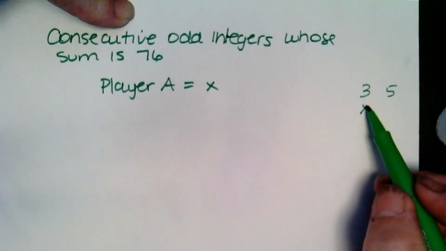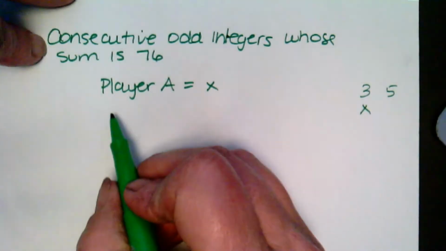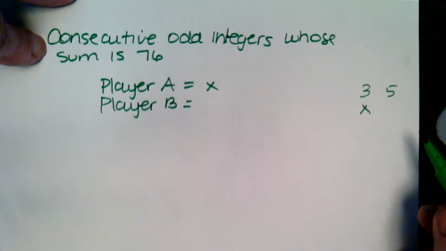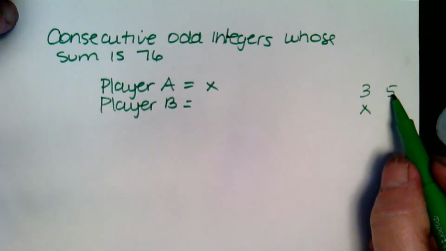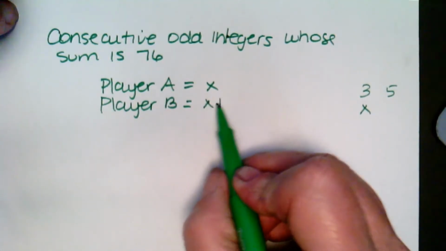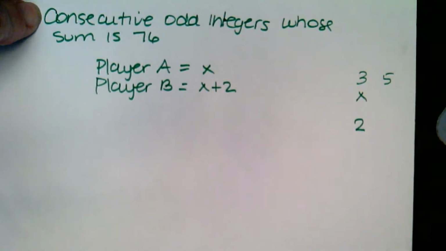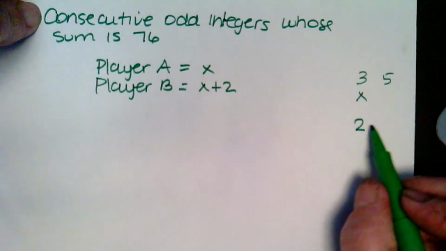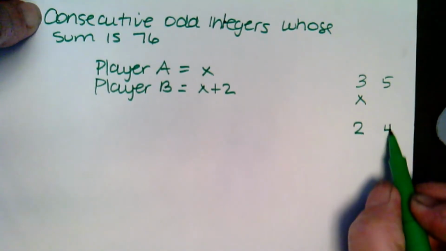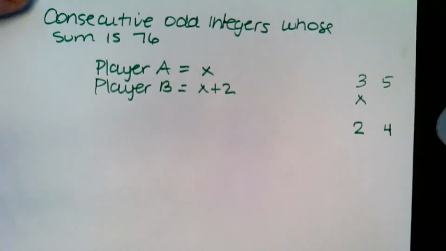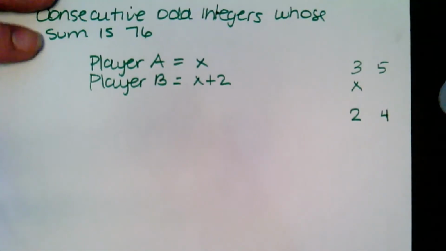So we're going to call player A's x, but player B's is going to be the next consecutive odd integer, so we're just going to add 2 to it. Now if it was even numbers, let's say player A had 2 home runs, to get to the next consecutive even number, we're still adding 2. So this formula works for both odd and even.